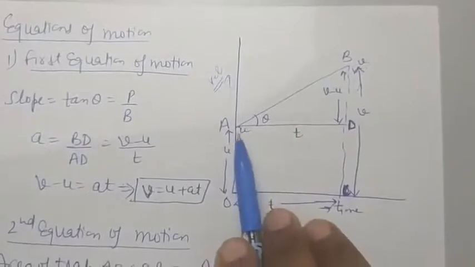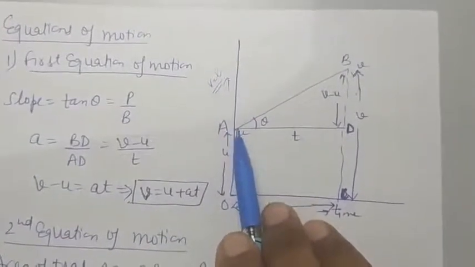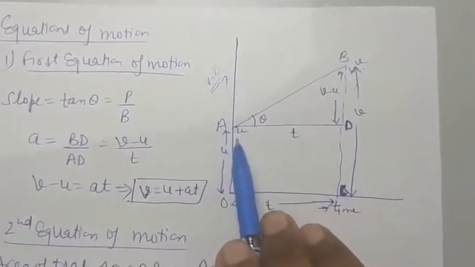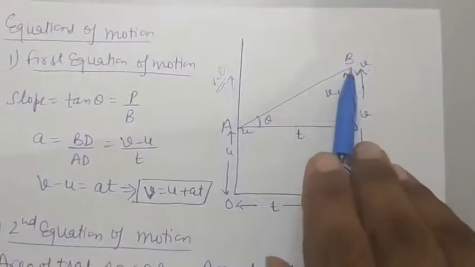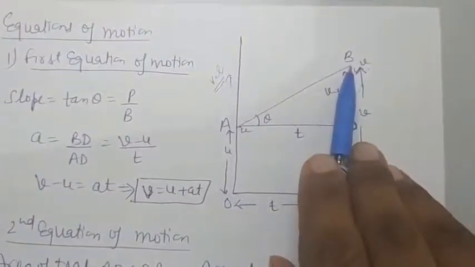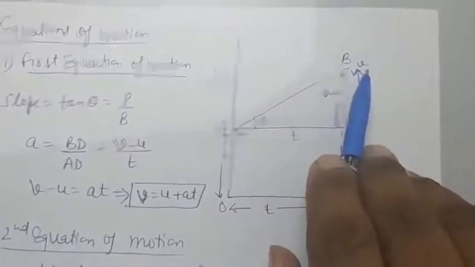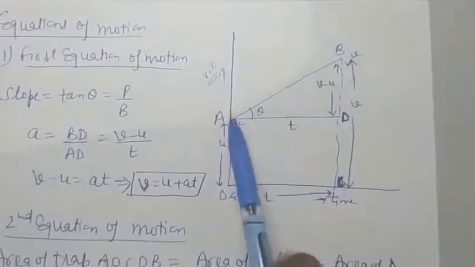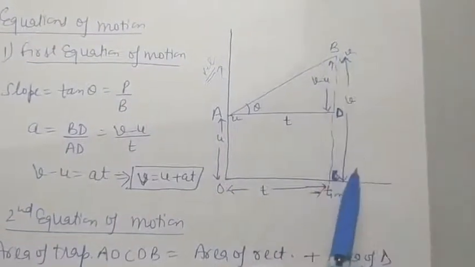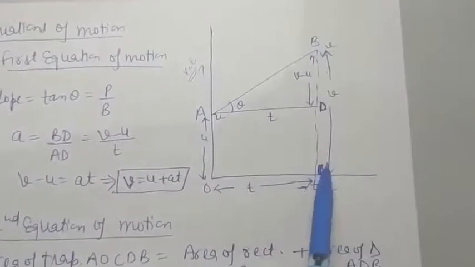Let's suppose a body is at a point A whose initial velocity is u, and that object moves up to point B whose final velocity is v. At point B, the velocity is v. So this distance will be u and this complete distance will be v. Join them.